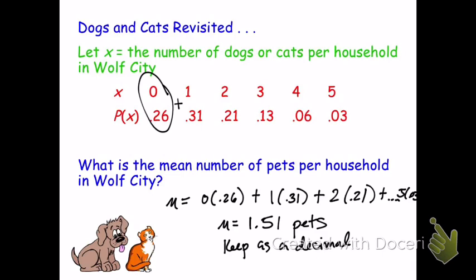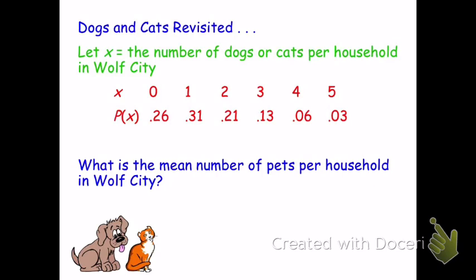So now I'm going to show you how to do it in your calculator. So what I want you to do is put your x values in list 1, and I want you to put your y values in list 2. And then stat, calc, 1-Var Stats.